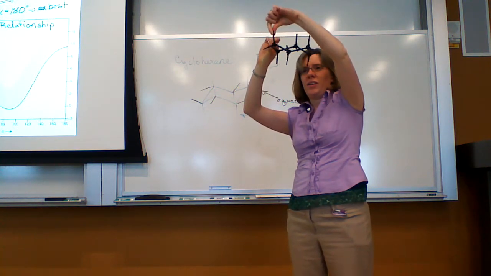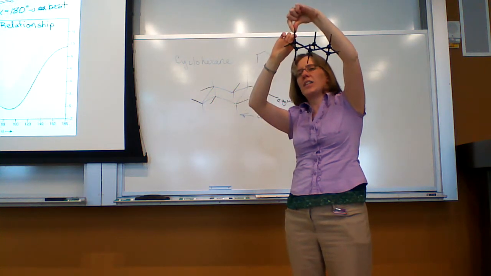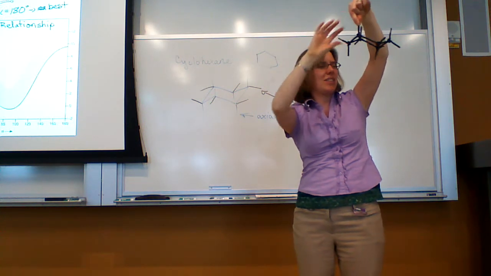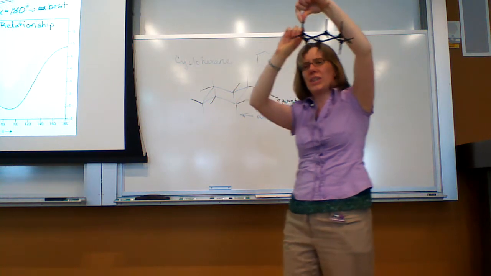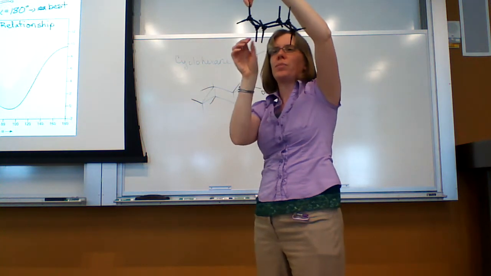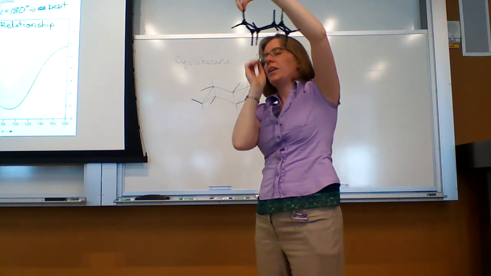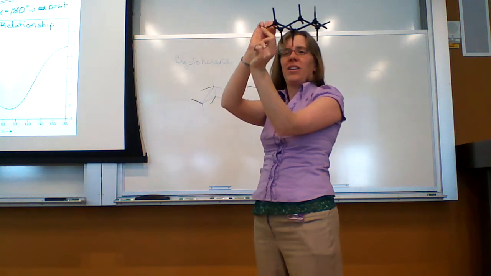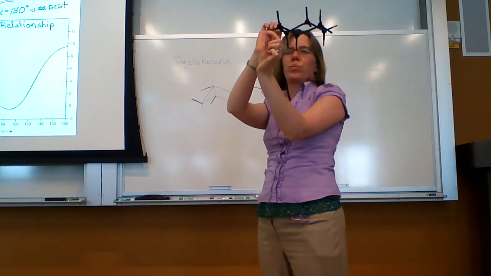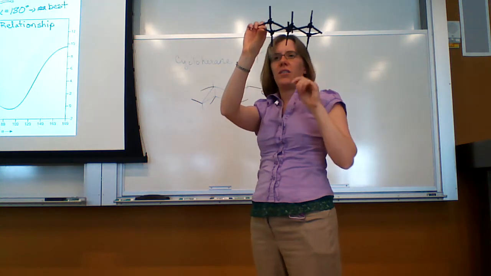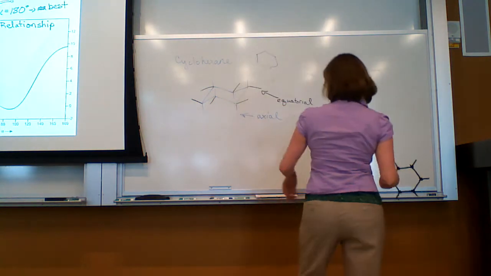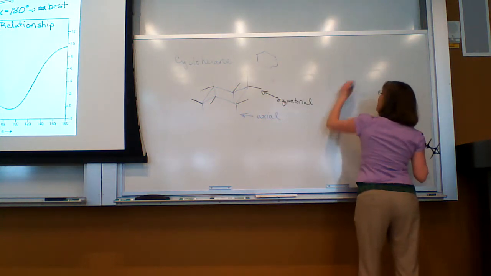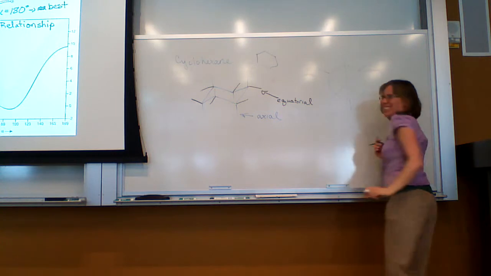Axial-equatorial, a little closer, maybe it's 60. Ideally it should be right in the middle of the two, so about 60 degrees if you're looking straight down. And then equatorial-equatorial is again close to 60. If you are looking straight down and you draw a Newman projection, all this comes back, doesn't it?